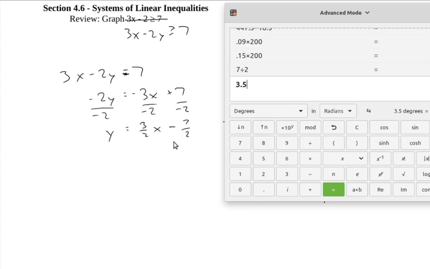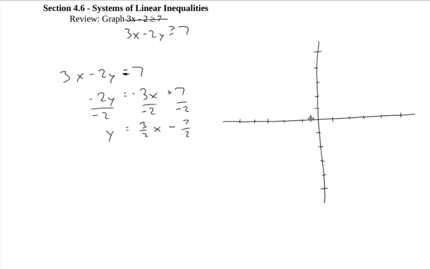You can see that's 3.5. Well, negative 3.5 because it's a negative 7 halves. So 1, 2, 3, and a little bit further would be right here. That's my y-intercept.